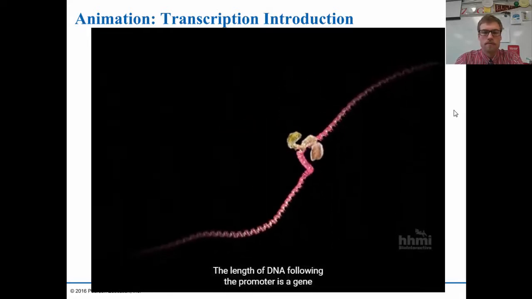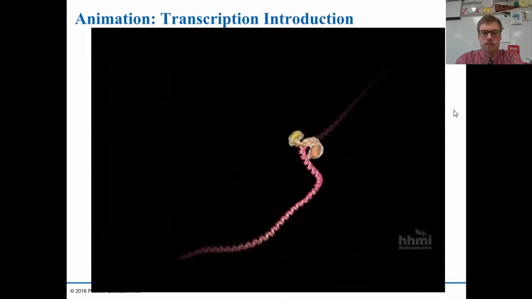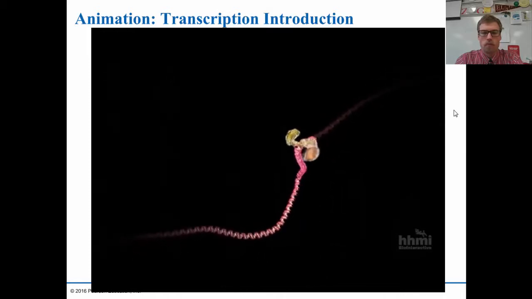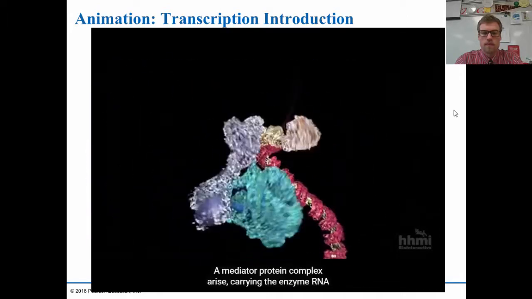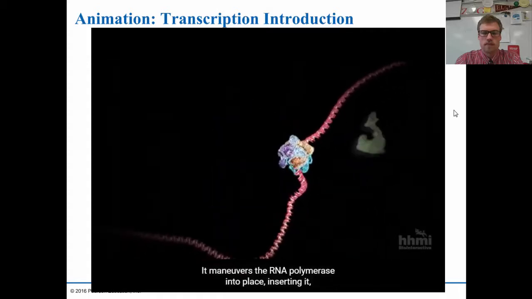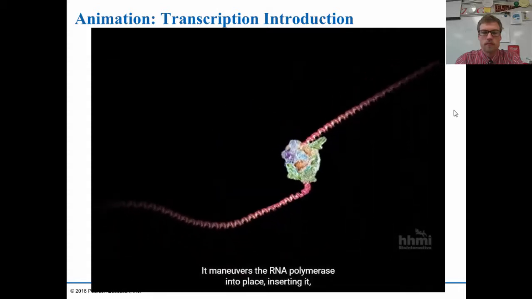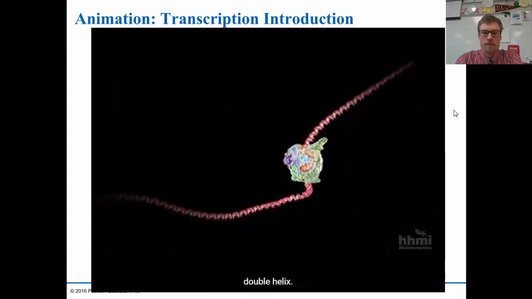The length of DNA following the promoter is a gene, and it contains the recipe for a protein. A mediator protein complex arrives carrying the enzyme RNA polymerase. It maneuvers the RNA polymerase into place, inserting it with the help of other factors between the strands of the DNA double helix.